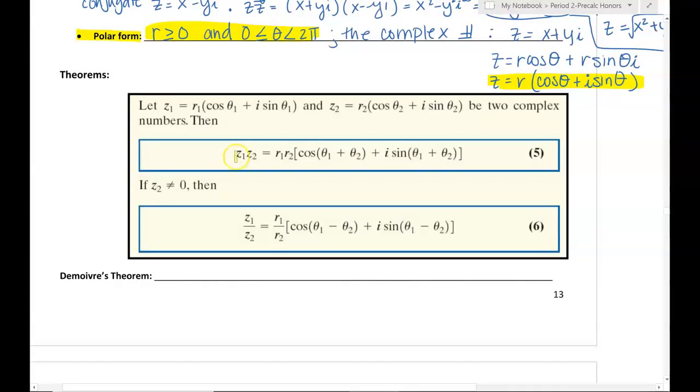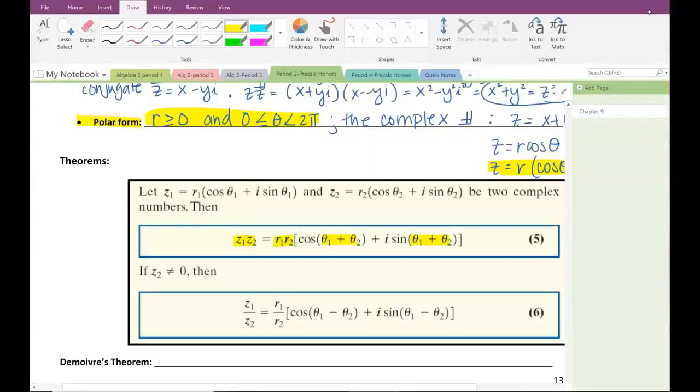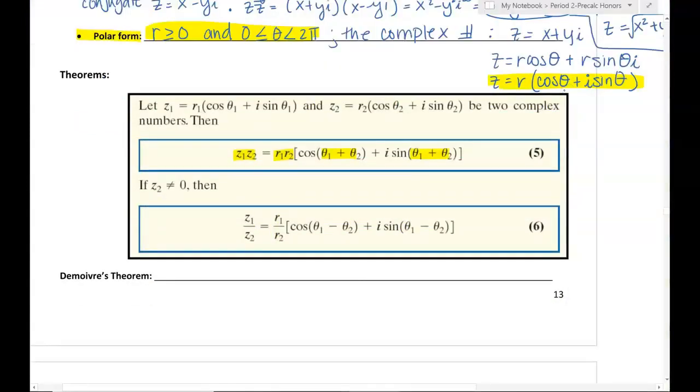Then, when we multiply the two complex numbers, all we're doing is really adding the angles together and multiplying the radii together. Now, if z sub 2 is not equal to 0, because when you divide you can't have a denominator equal to 0, then we can divide them. Well, dividing them is very similar. We divide the radii and then subtract the angles, which you do need to know these formulas, okay?